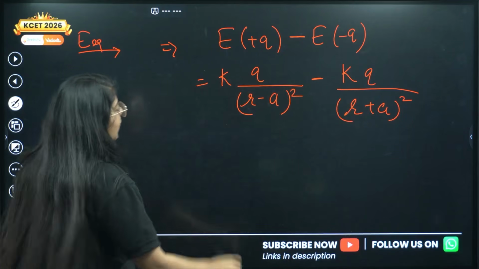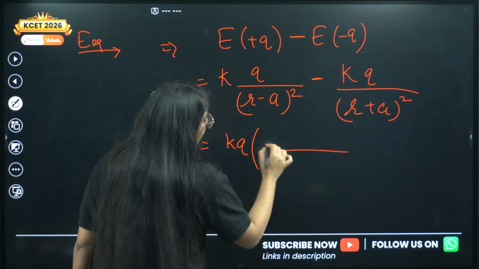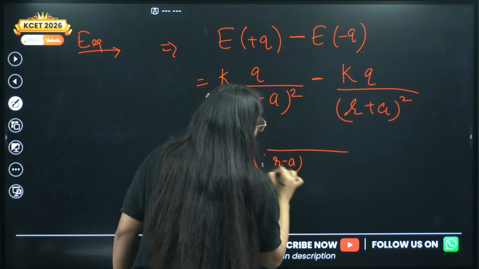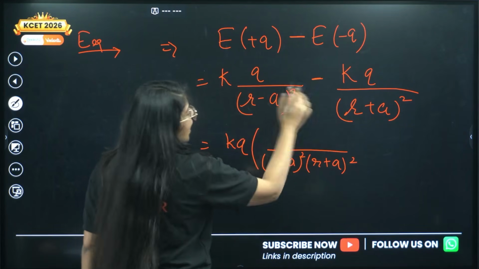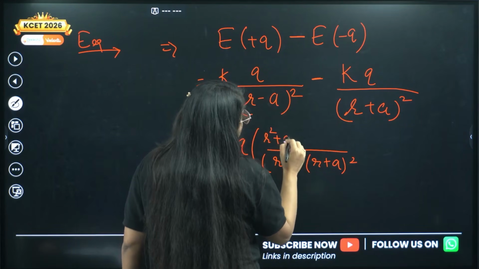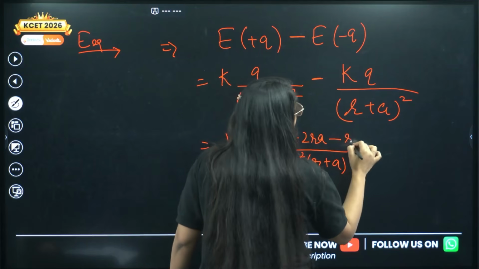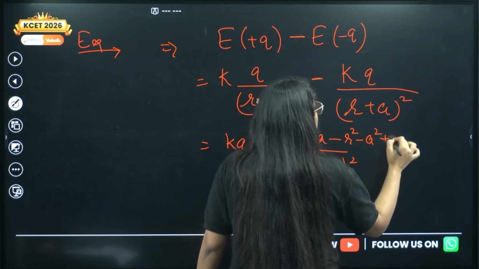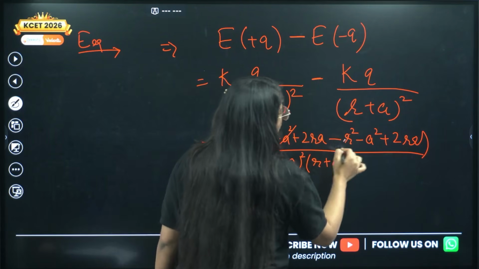Correct? So we'll just take kq common. This will be r minus a whole square into r plus a whole square if we take the LCM, and this will be r square plus a square plus 2ra, just basic math, minus r square minus a square plus 2ra. Correct? So this will cancel out.